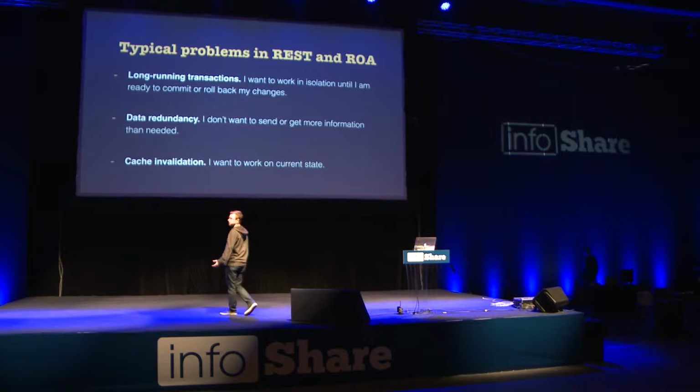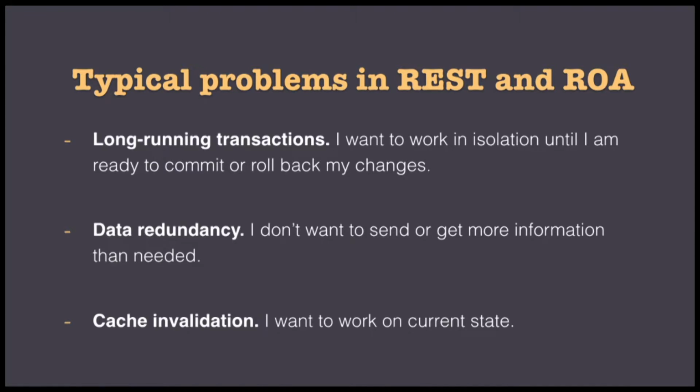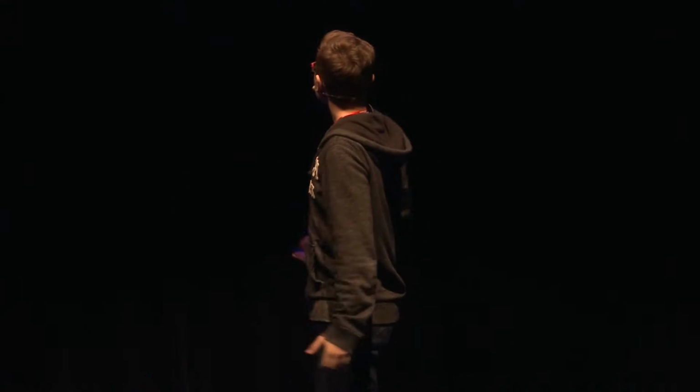So typical problems in REST and resource-oriented architecture are the ones displayed here on the screen. Long-running transactions, data redundancy, and cache invalidation. This all comes from the fact that I always need to update the server in the context of a particular resource. And when I save the resource on the server, it becomes available to everyone else.